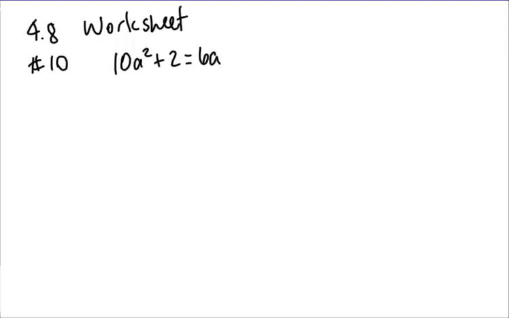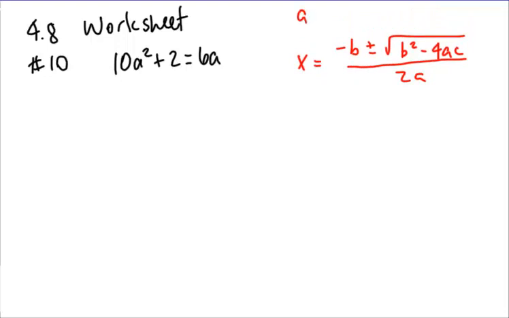Alright, quadratic formula. x equals the opposite of B plus or minus the square root of B squared minus 4AC all over 2A. Okay? And this will only work if you have an equation in the form ax squared plus bx plus c equals 0.